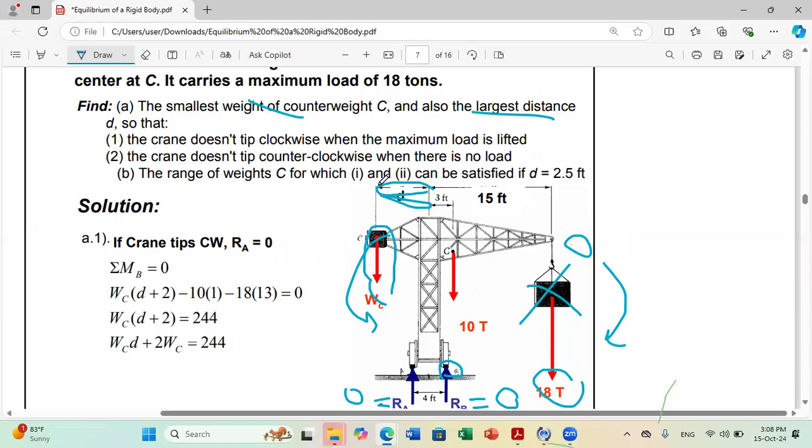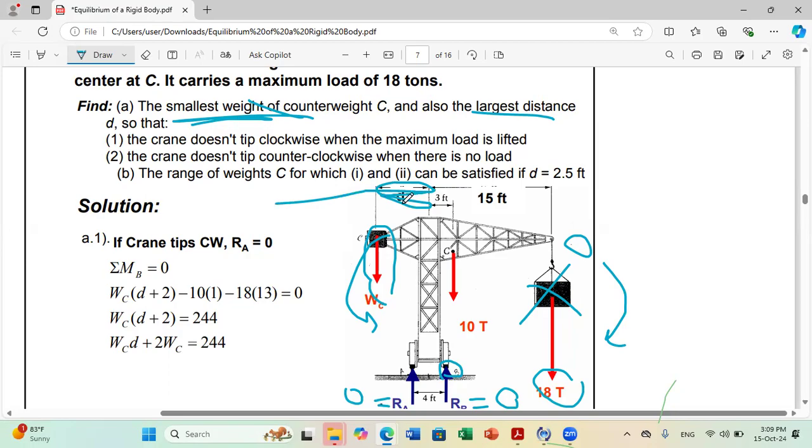Because when I have the case of zero load, if I have a very large counterweight, I have the risk of tipping over. So I have a certain minimum weight to satisfy. So I should find the minimum possible weight. In the opposite case, when I have a maximum load here, to avoid tipping over, I need to create an opposite moment from the other side.